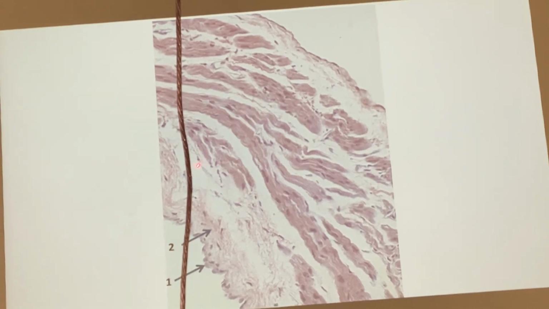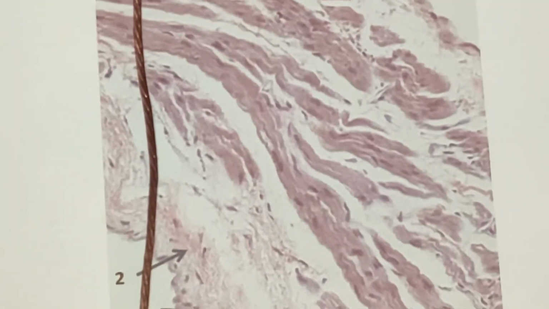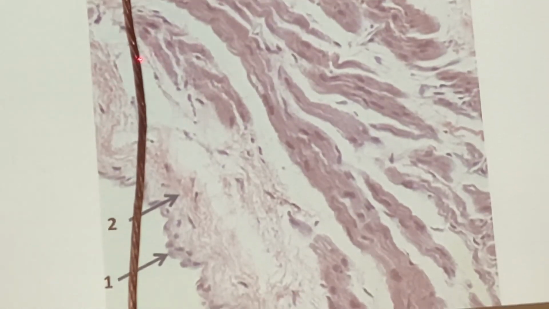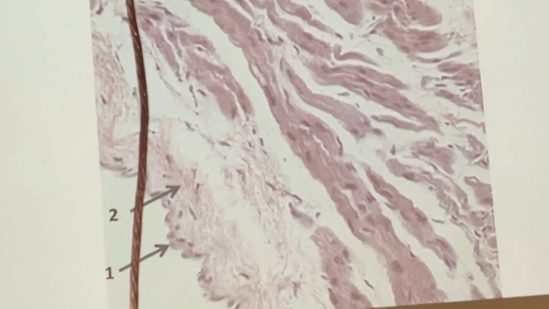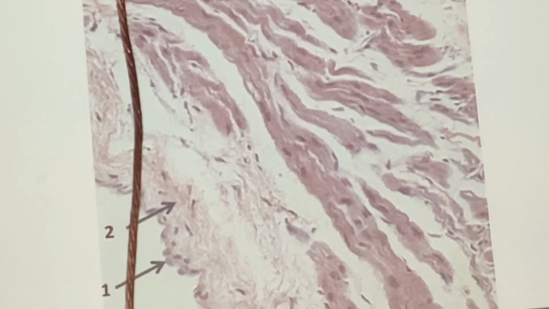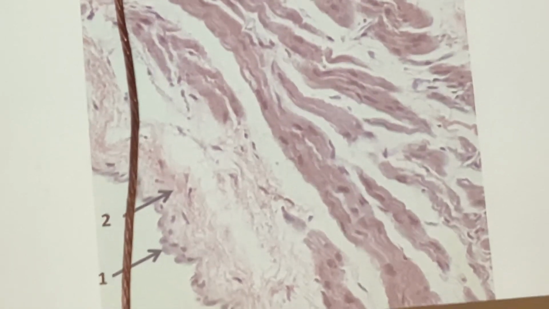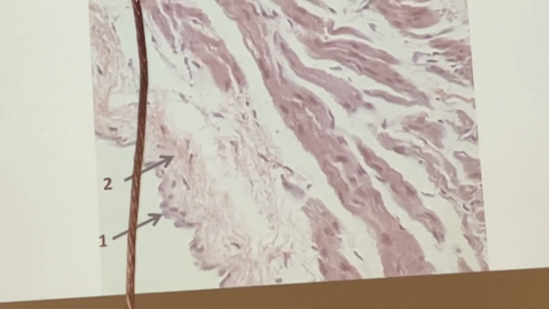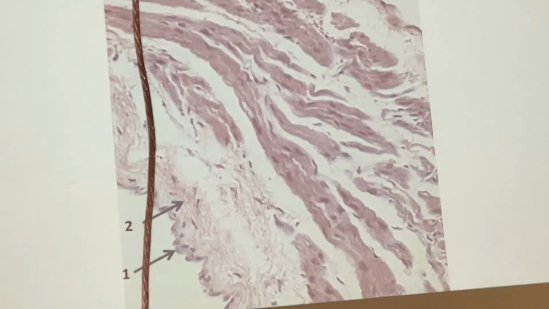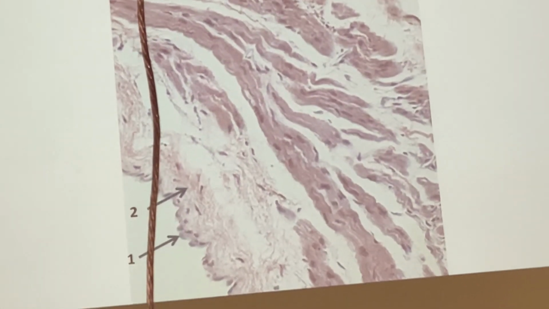This nucleus is the endothelium lining of the capillary. And this capillary is a longitudinal section. It's not circular. It is a longitudinal section. So actually I can't see any Purkinje fibers in this section.